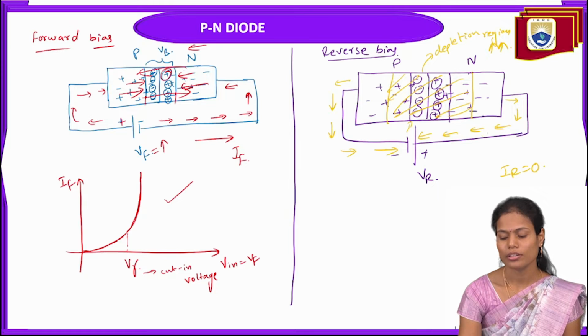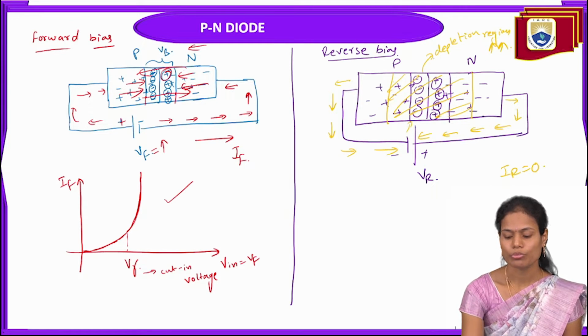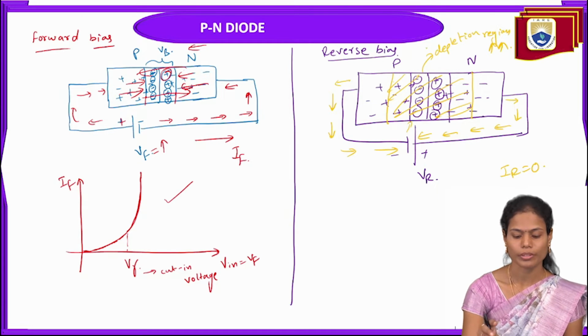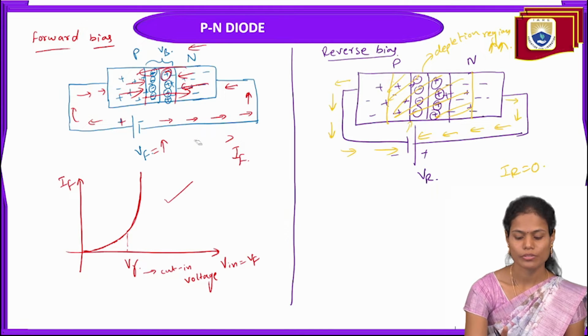So in this case, the electron direction is in this direction. The reverse current will be flowing here.